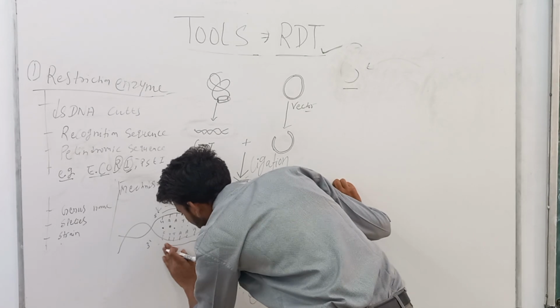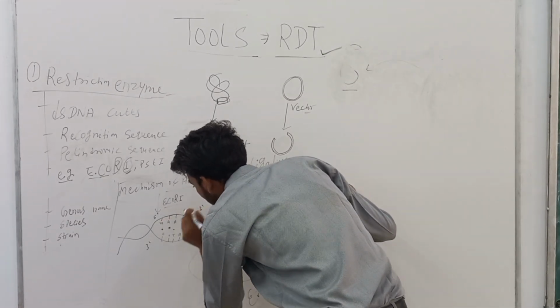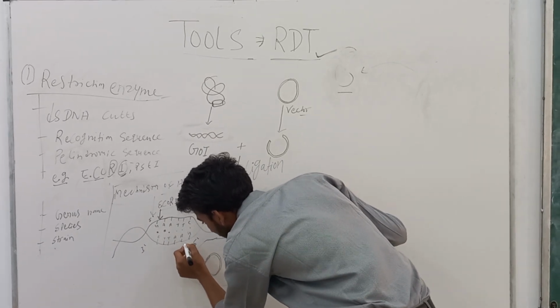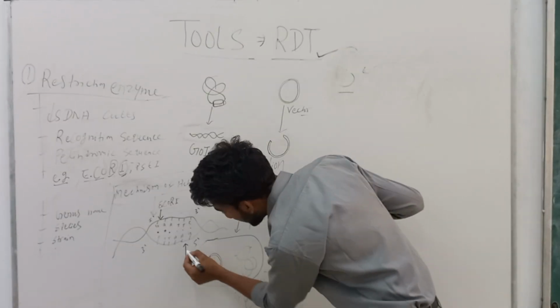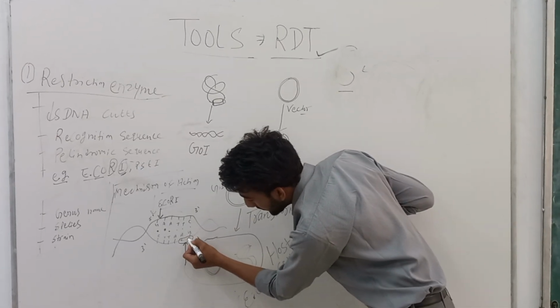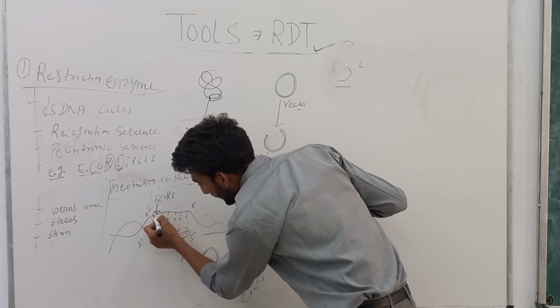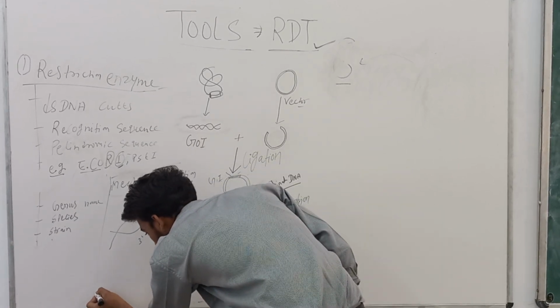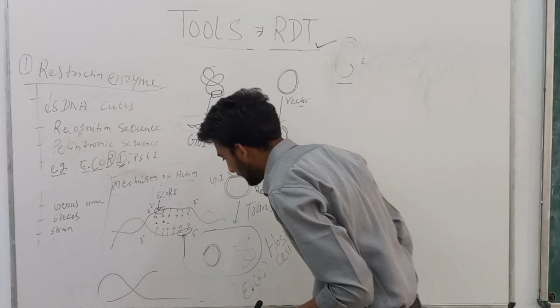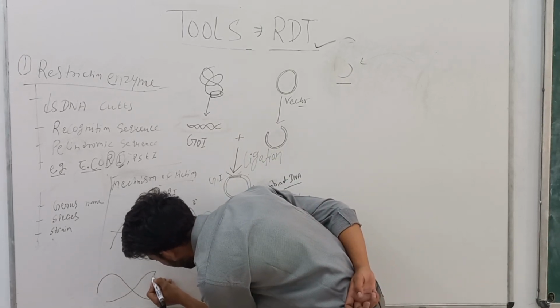Now, how will it cut the double stranded DNA? It will recognize the sequence and cut the double stranded DNA by cutting the phosphodiester bond between adenine and guanine, like here, and it will produce two sticky ends.